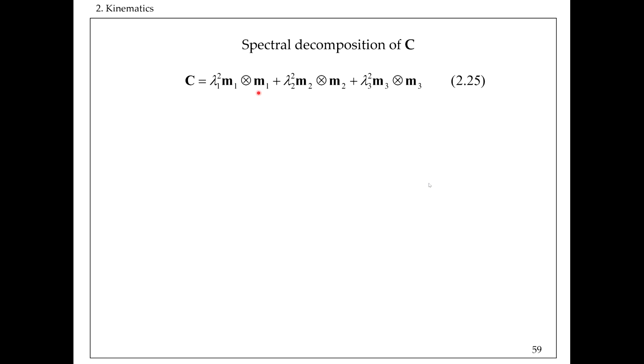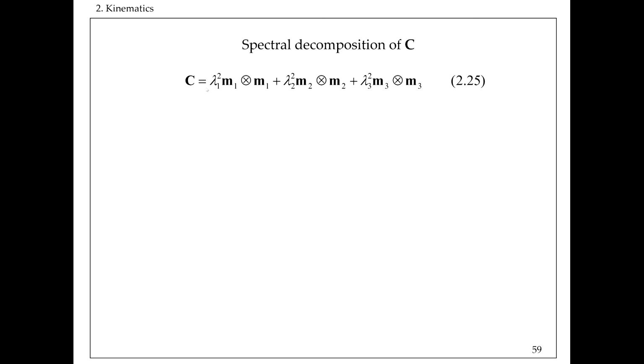Because they're mutually orthogonal, they form a new coordinate system in which C can be presented in a very simple form, with only diagonal terms that are quadratic in stretch. Okay, this is important.